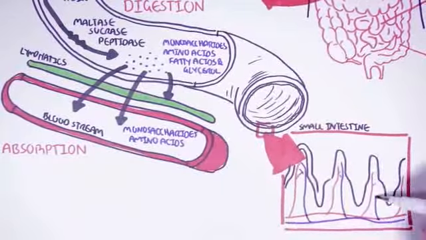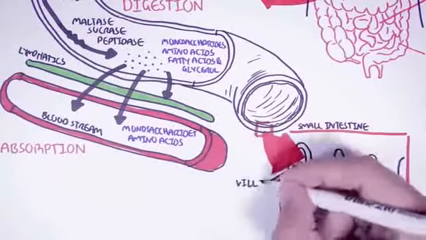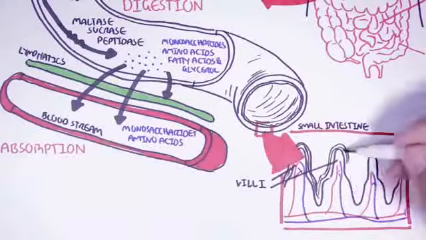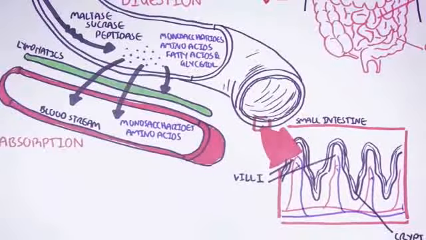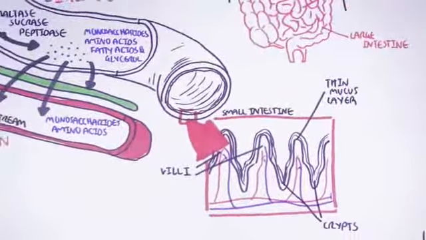The small intestine is composed of finger-like projections called villi and crypts. Now, below the crypts are stem cells that keep dividing, renewing the cells above. The villi are important in food digestion and absorption because they increase surface area. The small intestine also has a thin layer of mucus.